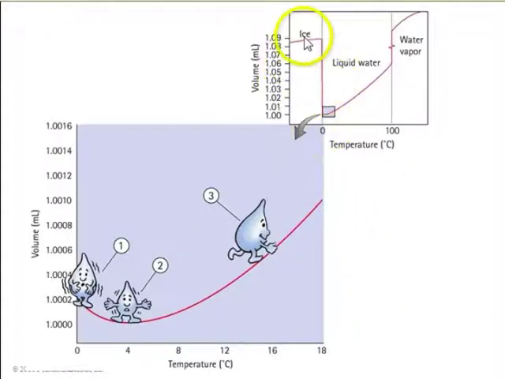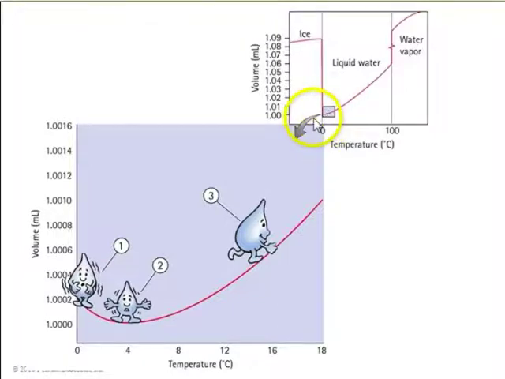Hewitt shows this rather complicated graph which just shows the volume of 1 gram of H2O versus the temperature. So 1 gram of ice has a volume of about 1.09 milliliters. If it melts and becomes water, that volume drops down. It becomes more dense.